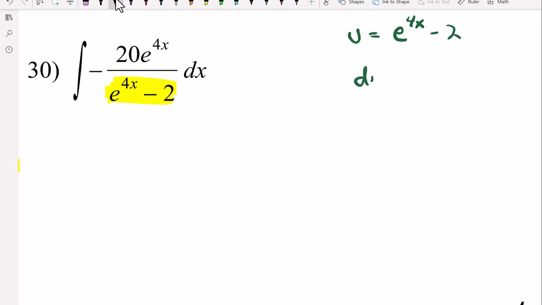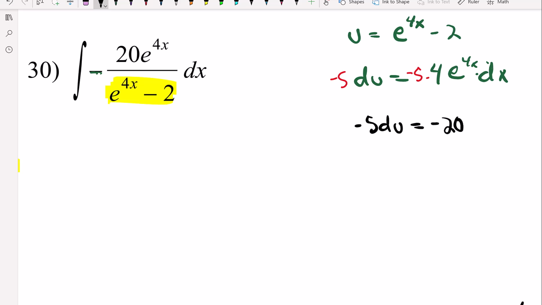So our du will be e to the 4x times 4, so we'll put the 4 right there. Well, it needs to say negative 20, so I will multiply both sides by negative 5. So what we have left is negative 5 du is the same as negative 20 e to the 4x dx.